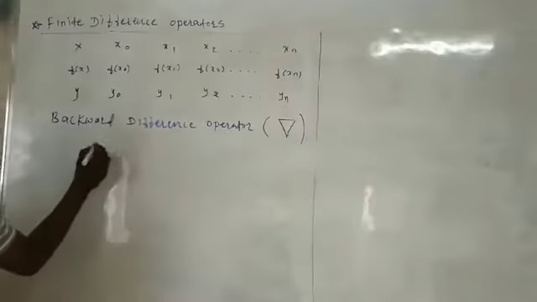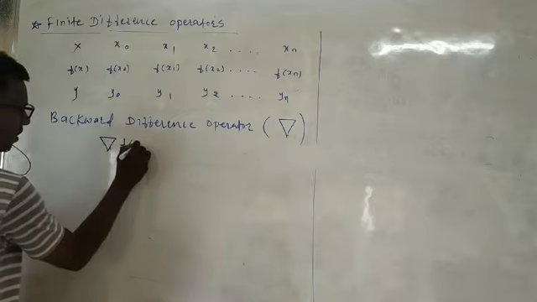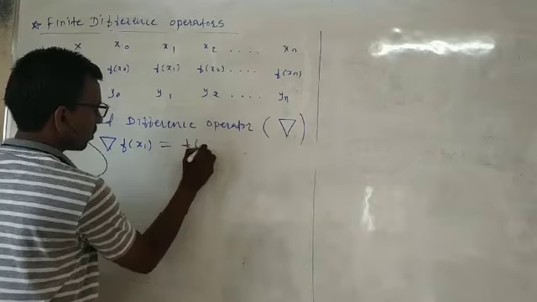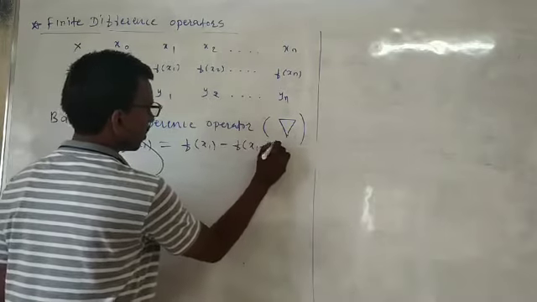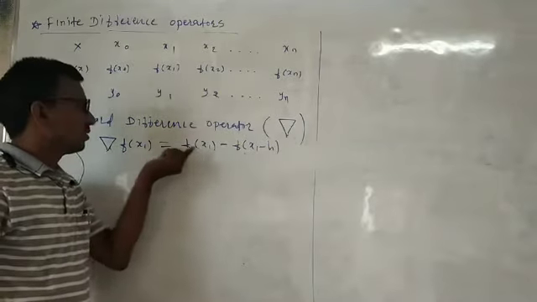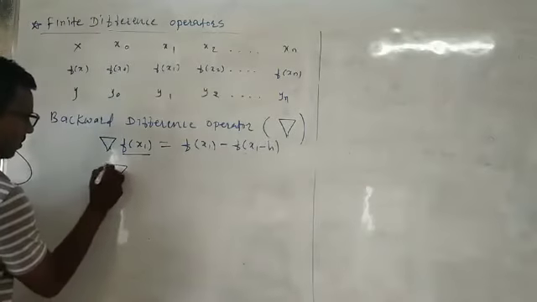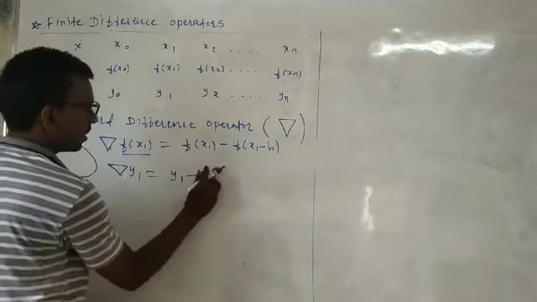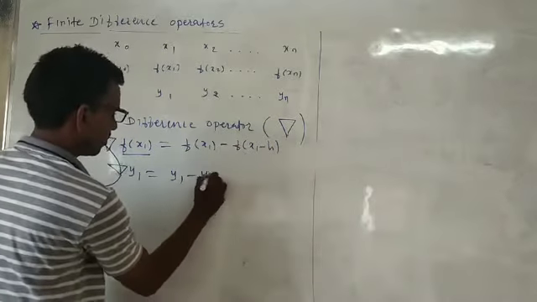Okay, and it is defined as ∇f(x1) = f(x1) − f(x1 − h). Here f(x1) means y1, and this is y1 minus f(x1 − h), which means f(x0), and f(x0) is y0.